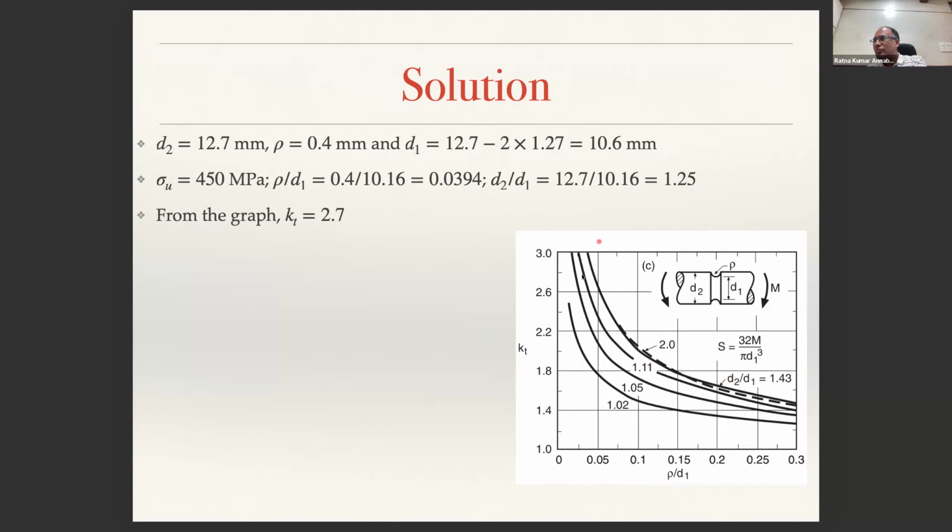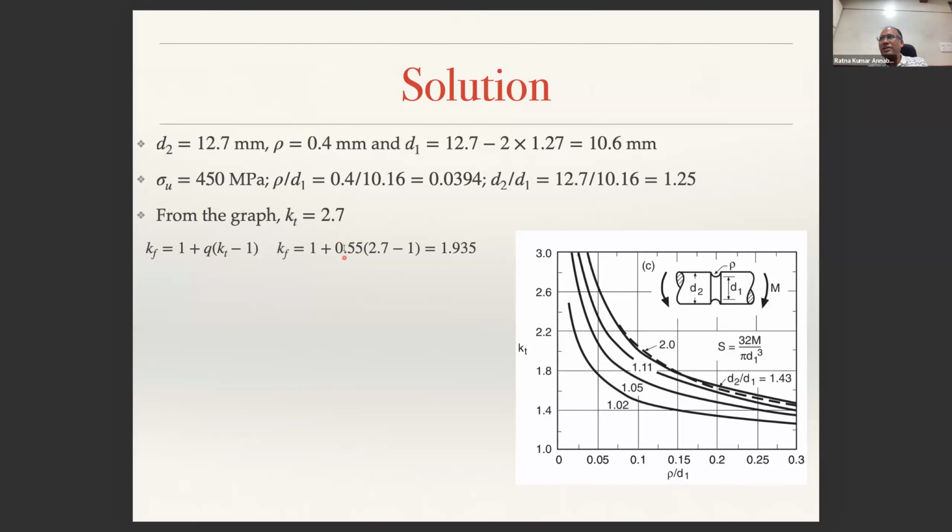From the graph, you will find that Kt is somewhere around 2.6, 2.7, depending upon the value. If you take Kt equal to 2.7, Kf is equal to 1 plus q times (Kt minus 1). q is your notch sensitivity, depending upon the ultimate strength of the material being 450 MPa and the notch radius rho being 0.4. One can compute q from Neuber's constant, and that is found to be 0.55.